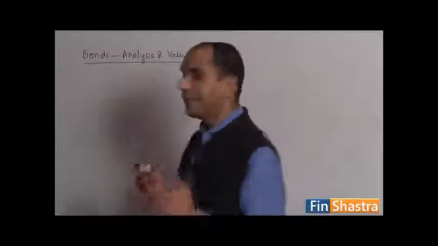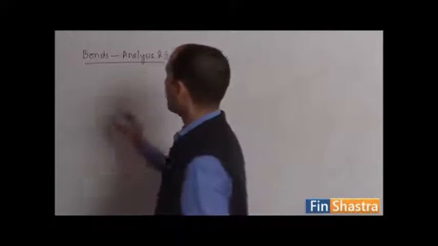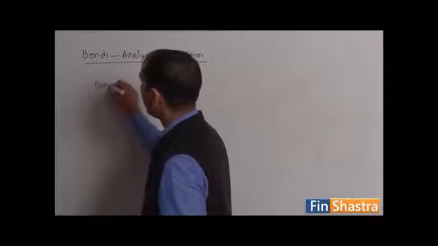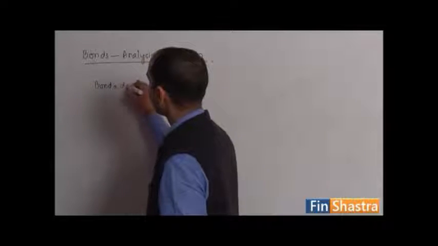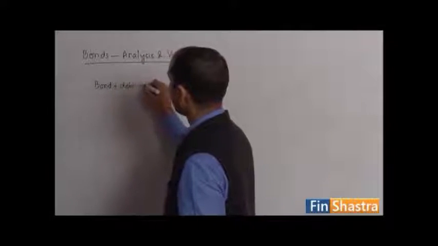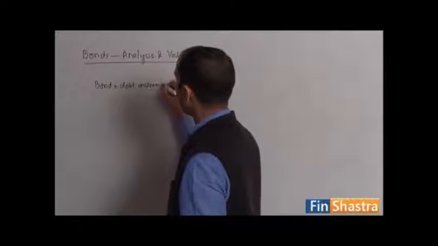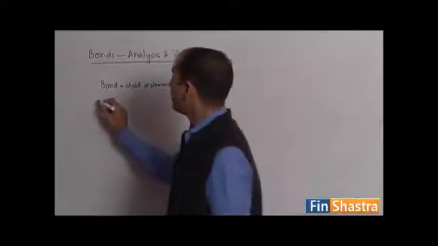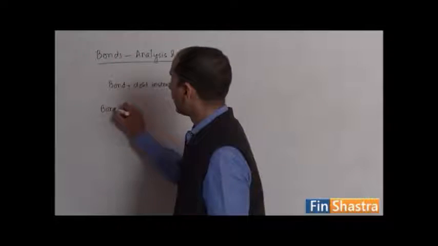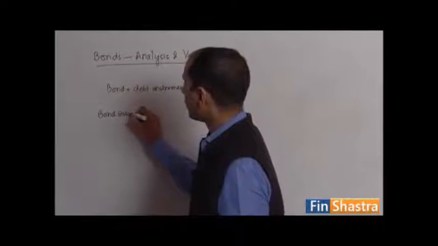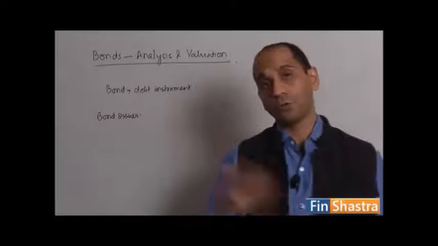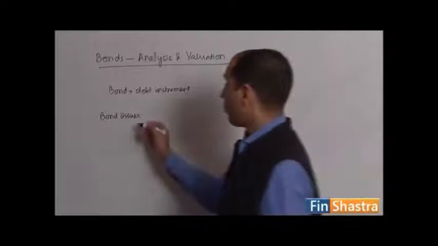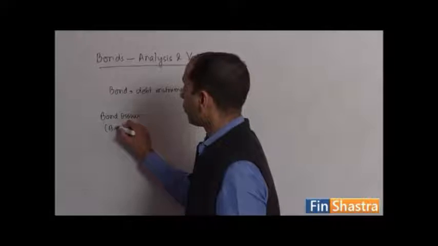So a few key things need to be remembered. One, a bond is a debt instrument. A bond issuer is the borrower. Generally it's a company, a corporate, or it could be a government as well. So the bond issuer is the borrower.